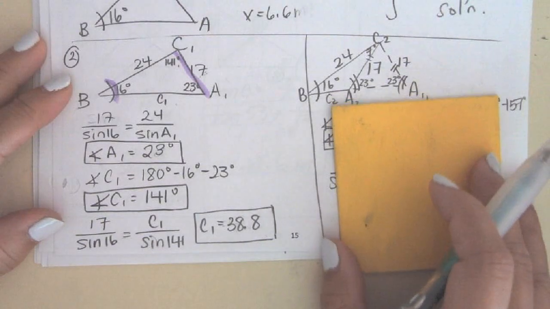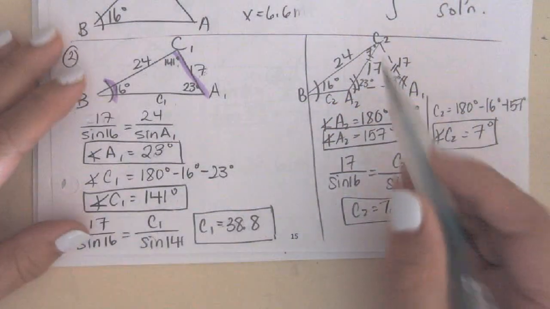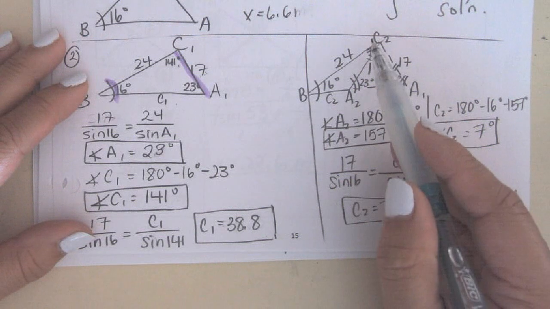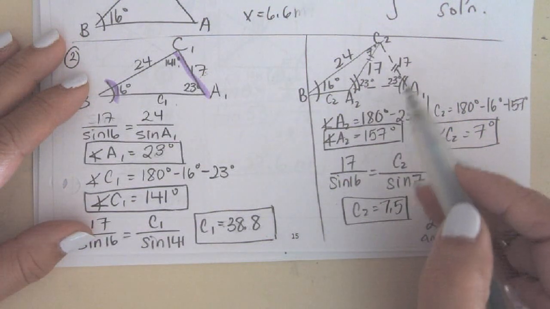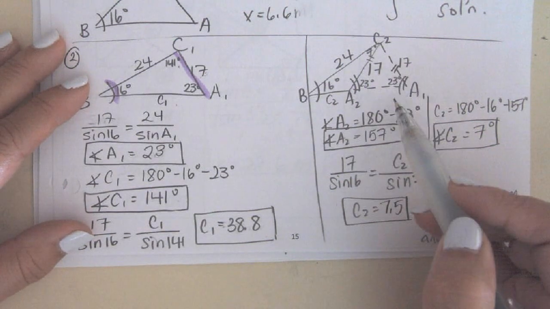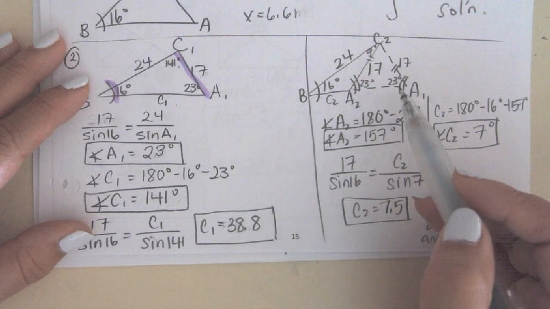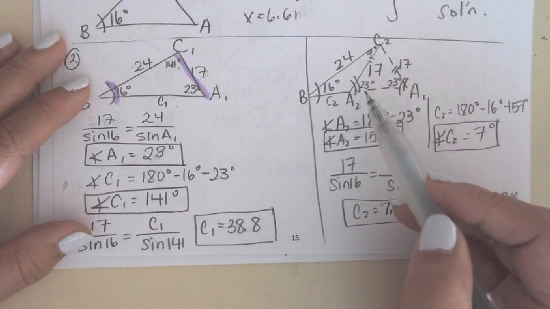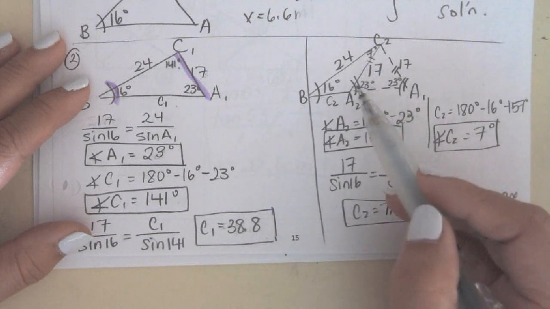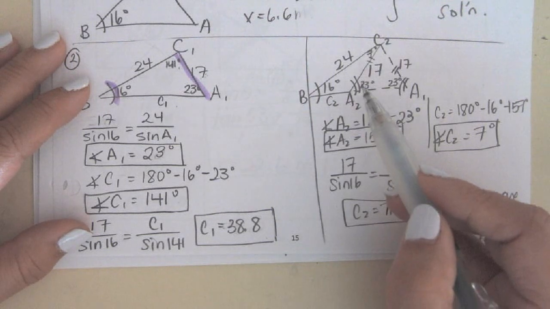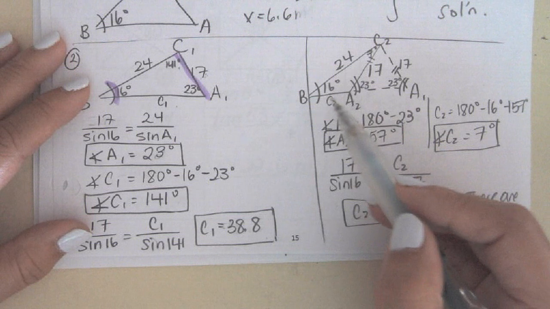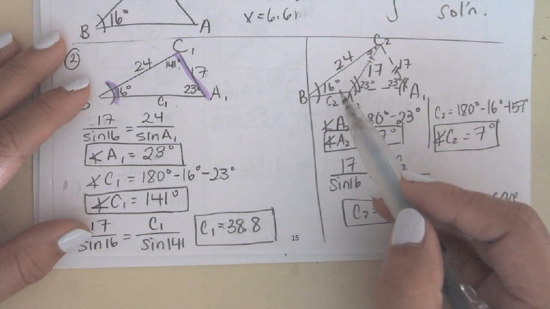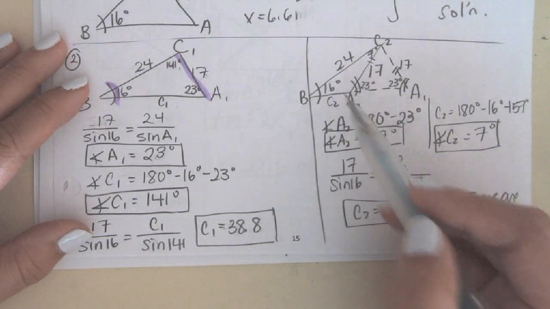Okay, so for this question here, we're taking our larger triangle, which was originally known to us. We take the calculated 23 degrees, and we draw our isosceles triangle. Because we know that both of these angles are 23 degrees, we can use supplementary angles here to calculate the inside angle, which is A2.